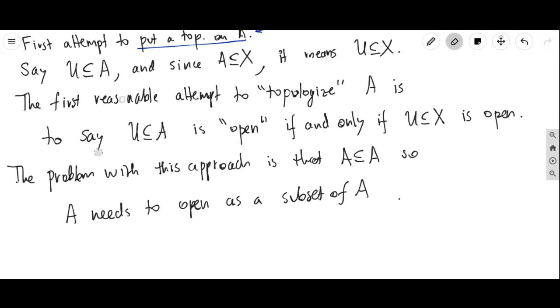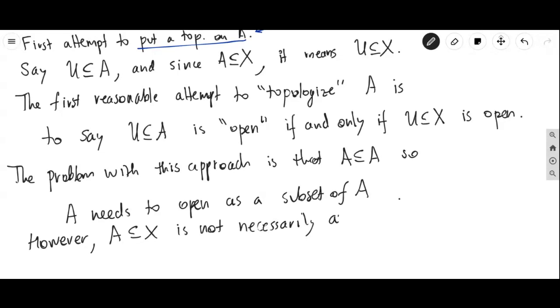Whenever you put a topology on a set, the entire set itself needs to be open. So A has to be an open subset of A. But the problem is, however, A as a subset of X is not necessarily an open subset of X.